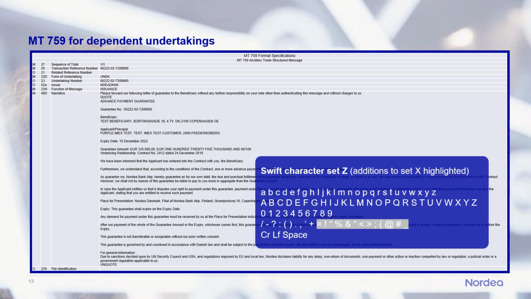And there are some new characters that can be used, like the exclamation mark and percentage symbol. It's the same SWIFT character set Z, which is also used in LC messages. This will also be able to be used in the narrative fields of other messages as well, such as the MT760.